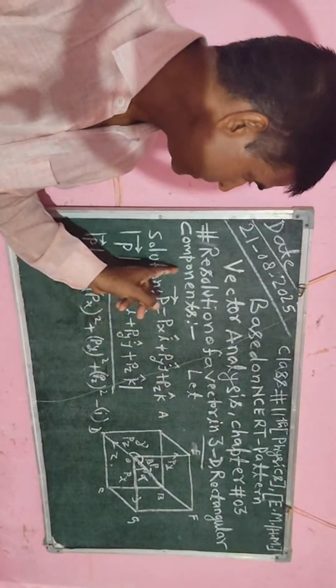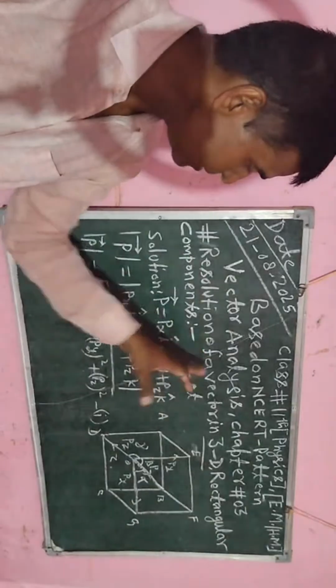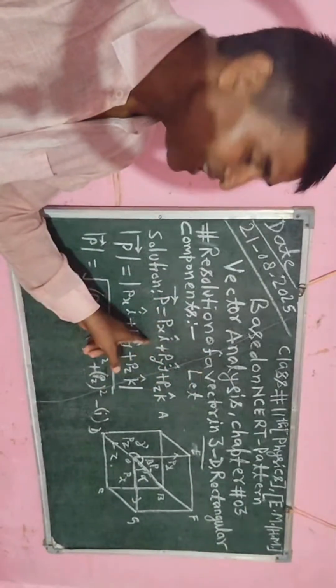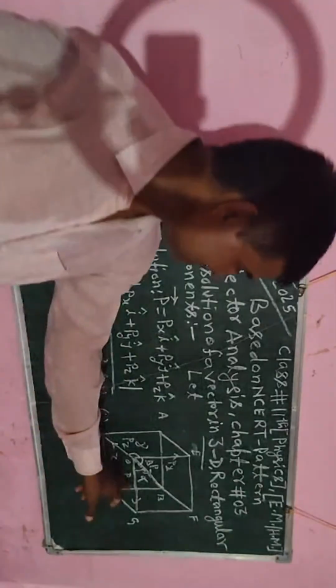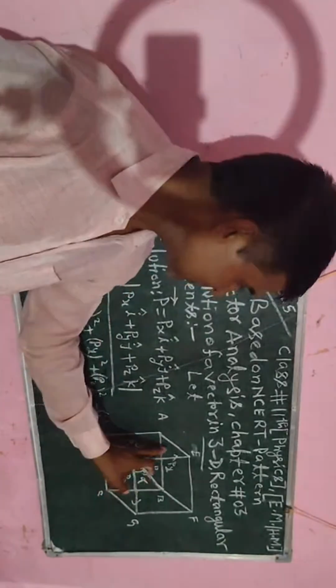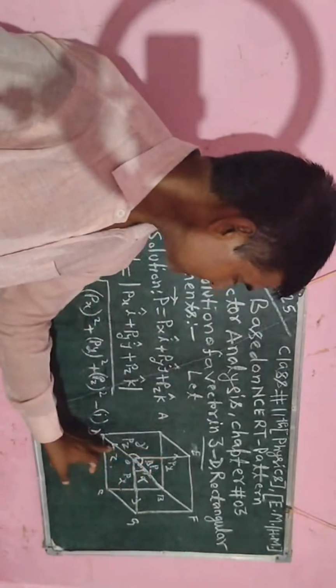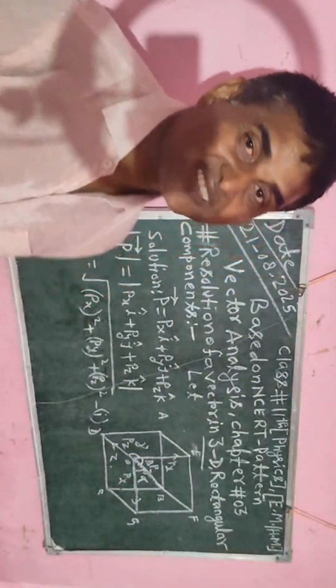That is the requirement, because this is the resolution of a vector. This is the vector, and I have resolved it in three directions: one direction is the vector i cap, the second is the vector j cap, and the third is the vector k cap.